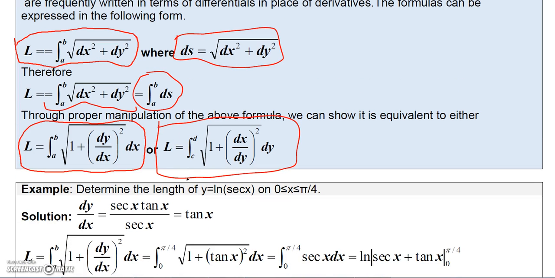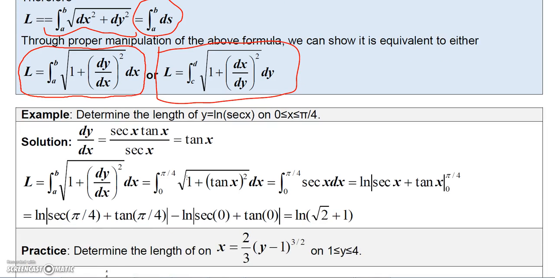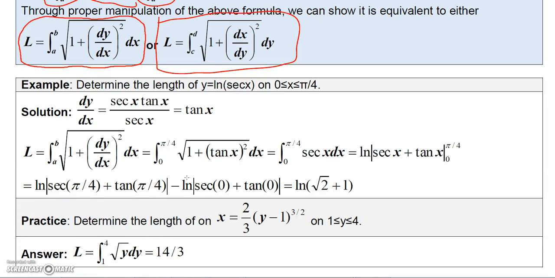Okay, so let me go ahead and do one more problem for you. Let's determine the length of the function y equals the natural log of secant x on the interval as x goes from 0 to pi over 4. Let's find the derivative of this function with respect to x.